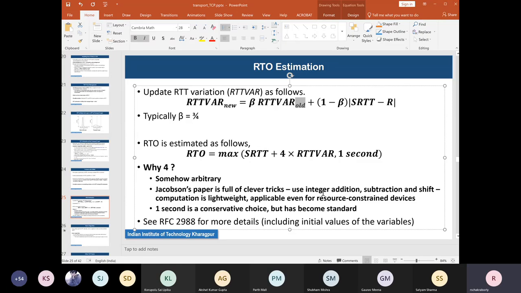They are suitable for lightweight devices, and for resource constrained devices. This is again becoming fashionable nowadays with the advent of IoT, the Internet of Things, and all these devices. Again, these things have become very relevant.